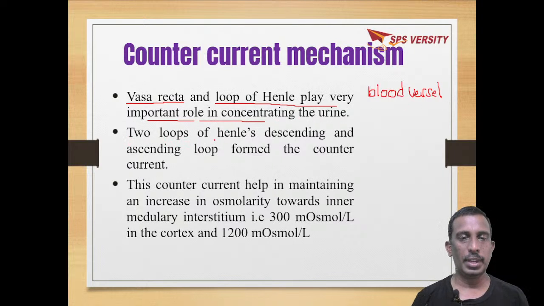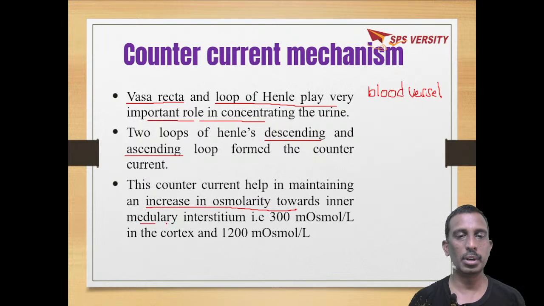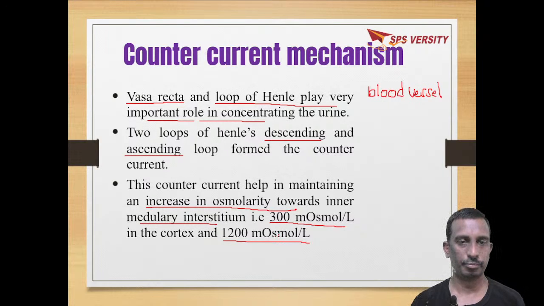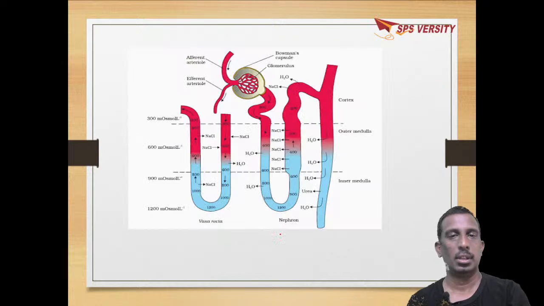In the loop of Henle there is a descending limb and an ascending limb. The counter current helps in maintaining an increase in osmolarity towards the inner medullary interstitium. That is, in the cortex it will be 300 milliosmoles per liter and 1200 in the medulla.